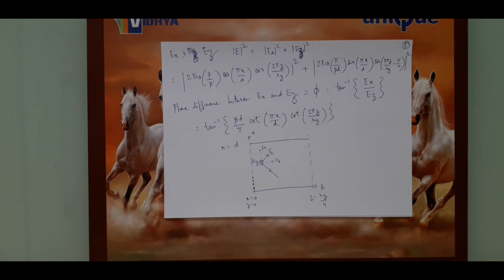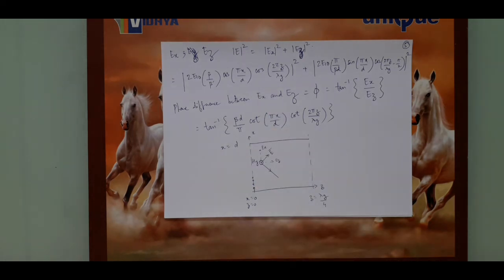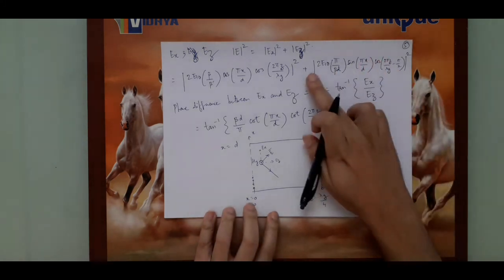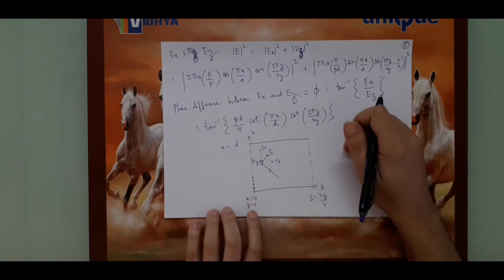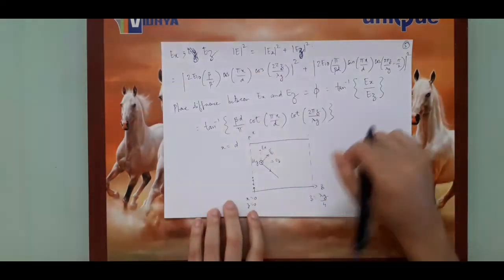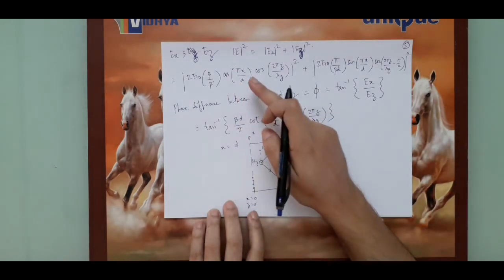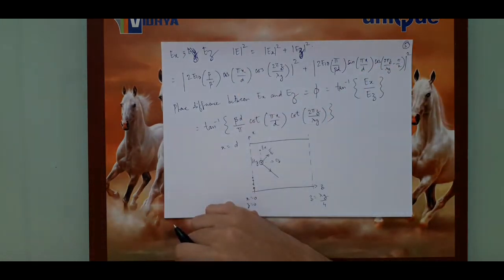So what about when x equals d? Again, when z is 0 and x equals d, this second term, Ez, will vanish. Over here, when x becomes equal to d, I will have a cos pi.